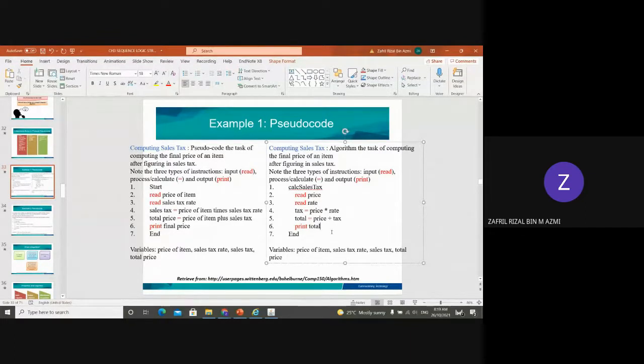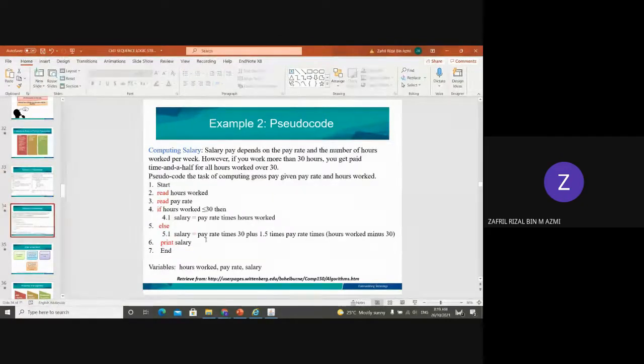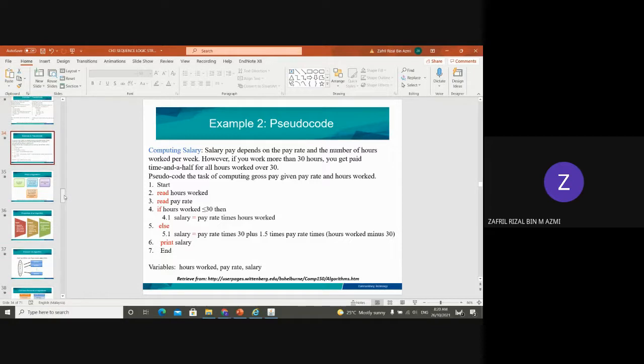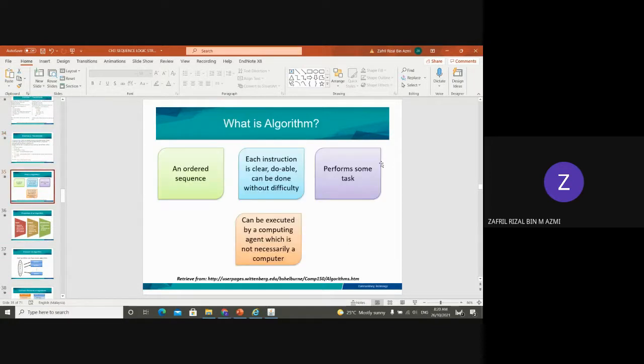If not, then let's look at the example over here. Alright, over here we have decision. So I just skip this first. This is next week. We are going to go to chapter 4, decision, and then we are going to discuss further this kind of pseudocode and algorithm that involve decision and looping. You can read this yourself.